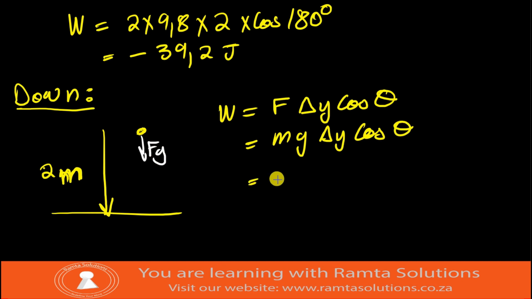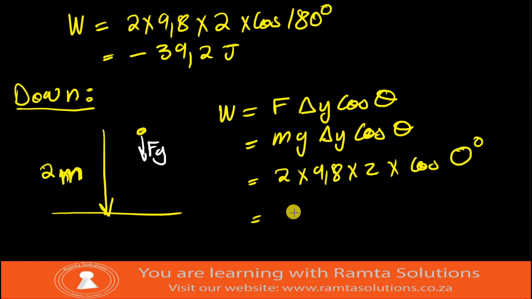This is 2 times 9.8 times 2 times cos 0 degrees, which is positive 39.2 joules, the same as before. It's only the angle that's different. So it's positive 39.2 joules, all right? Now, let's find the net work.